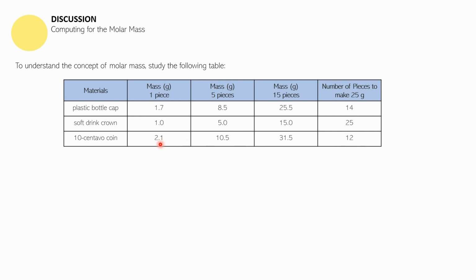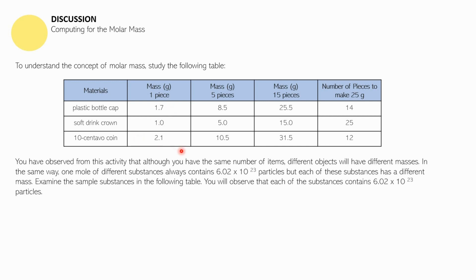Again, we go back to the fact that they have different masses because they are made up of different materials. In chemistry, it's pretty much the same thing. Although you have the same number of items, different elements and different compounds will have different masses as well. In the same way, 1 mole of different substances may contain the same 6.02 times 10 raised to the 23rd power molecules, atoms, or formula units.